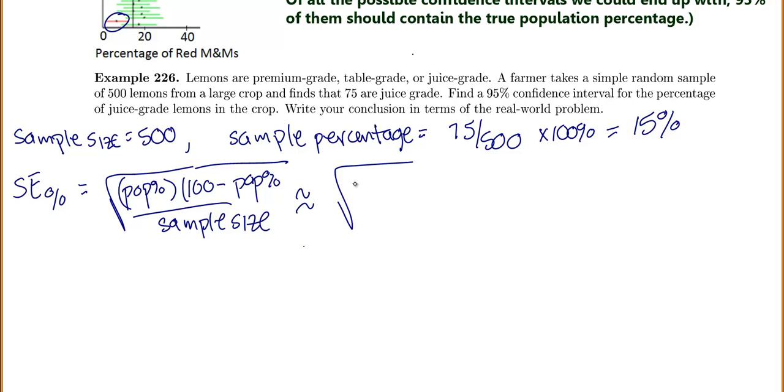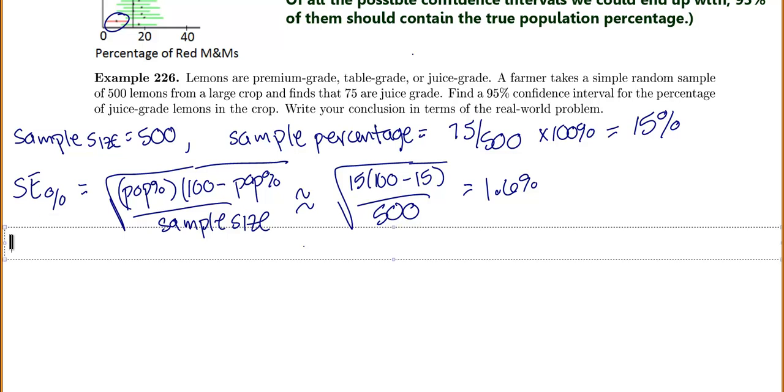So it's going to be close to the square root of 15 times 100 minus 15 over my sample size of 500. So 1.6%. Let's just write ourselves the little note: since I don't know the population percentage, I estimate it with the sample percentage.